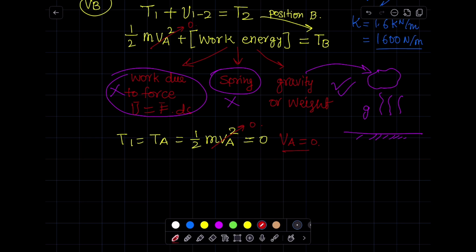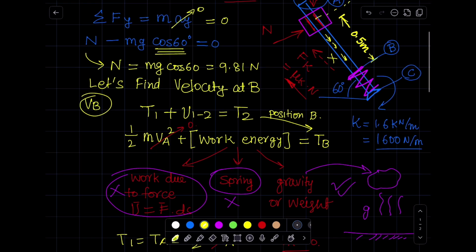Now we are going to solve the work. The work is mgh, because it's going in the downward direction, so we write plus mgh. Now you have to make sure what h is, and this h should be in the vertical direction. So I will write the value 2 for the mass, 9.81 for g, and h.